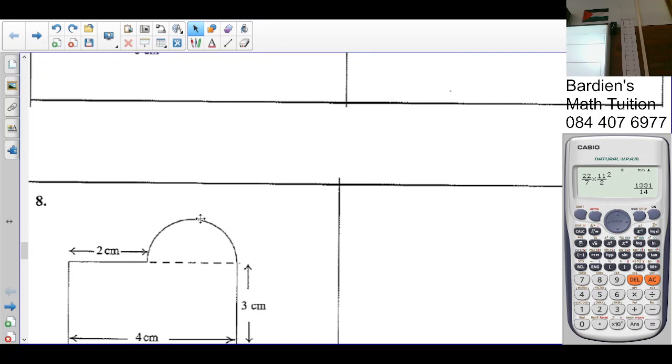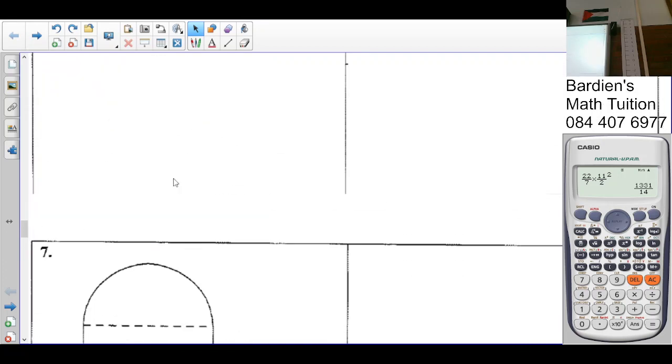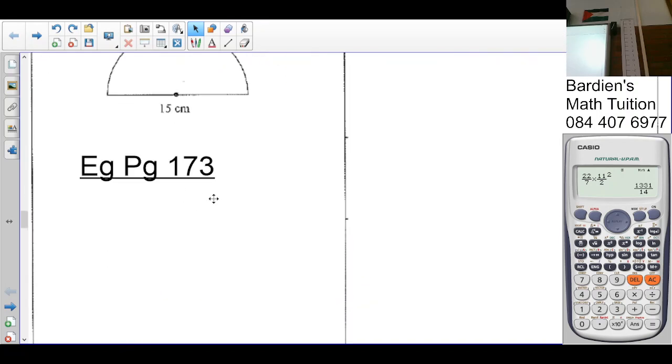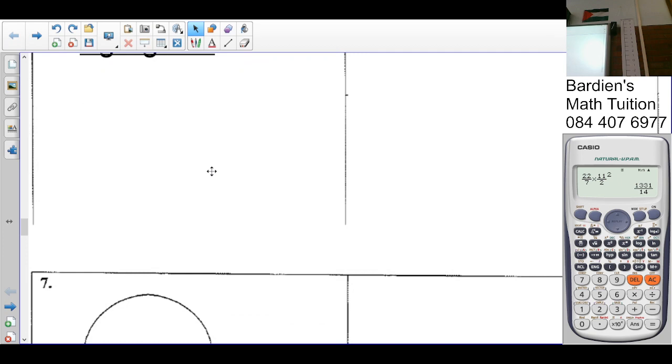I want you guys to add a circle calculation, because I don't see one there. So listen, I want you to add a circle here.